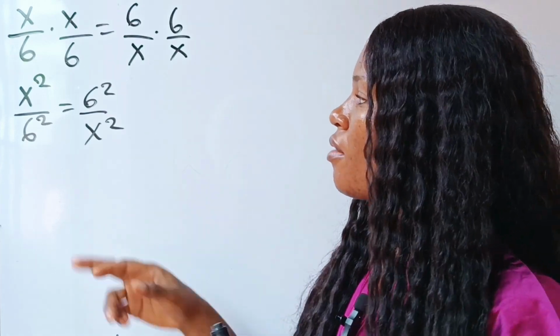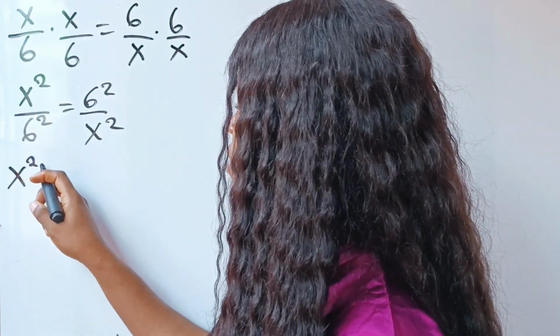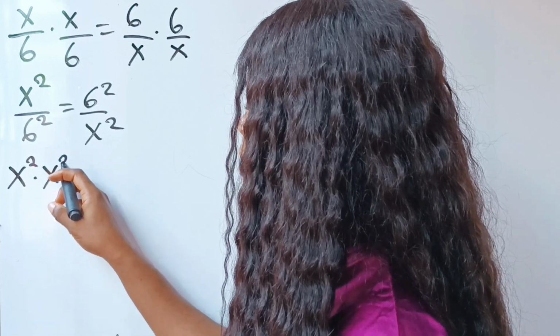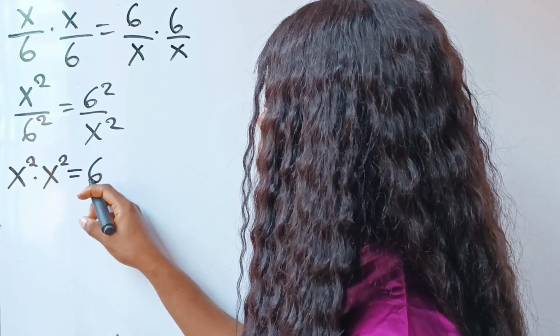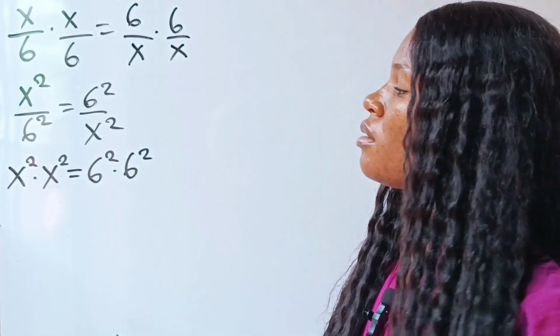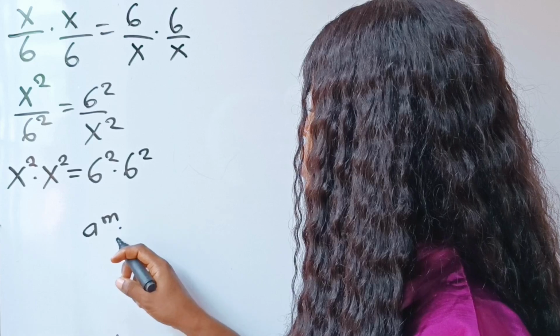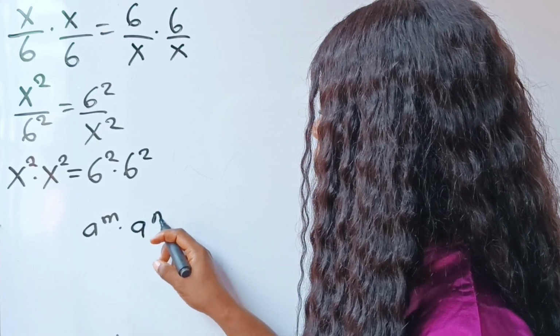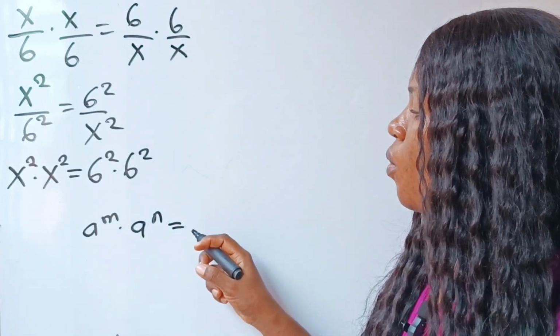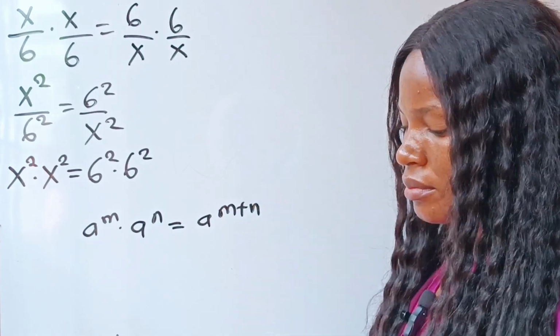When we do that, we have x squared multiplied by x squared, right? So we have x squared multiplied by x squared is equal to 6 squared multiplied by 6 squared. Now when you have a to the power of m multiplied by a to the power of n, this is equal to a to the power of m plus n.